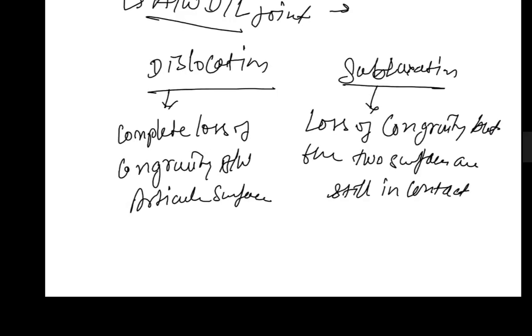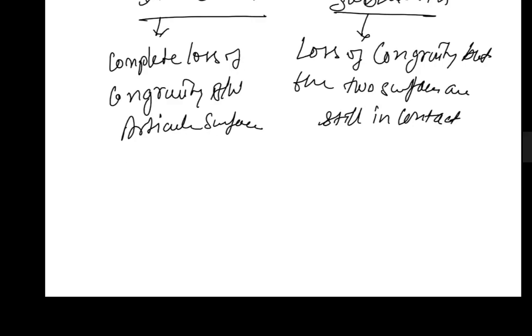In dislocation, like this one of the knee joint, femur and tibia, there is anterior knee joint dislocation, but in subluxation they are still in contact, with incongruity of the joint surface.